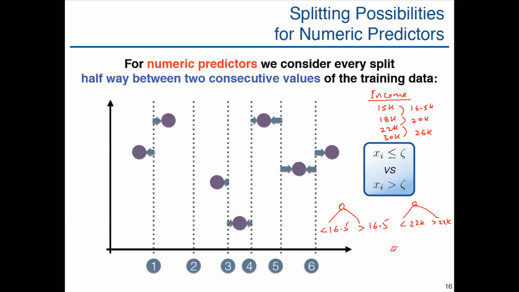And you have the third possible split there, that is less than 26K and greater than 26K. And similarly, you could go on and consider all these possible splits, right? Depending on the number of values you have, you will consider all possible splits, and you will start with the one that gives you the best results.